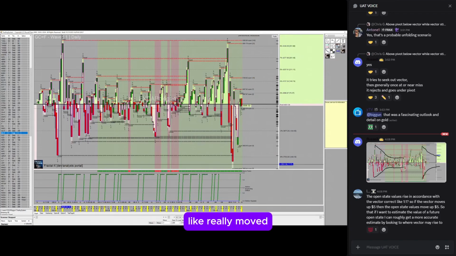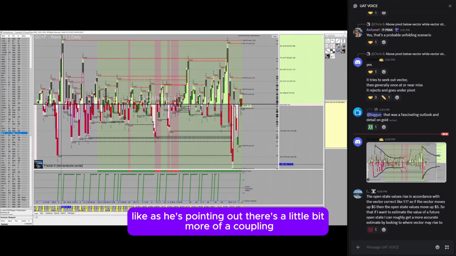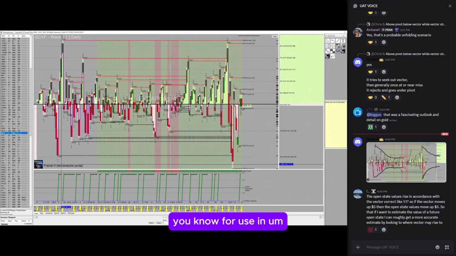Gold really moved away from silver, and now, as he's pointing out, there's a little bit more coupling. Silver's always been considered an industrial metal, for use in gadgets, electronics, and systems. And gold has been considered a hedge for inflation.